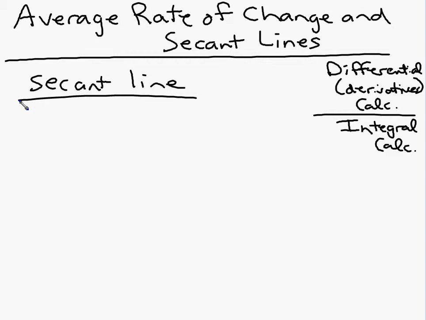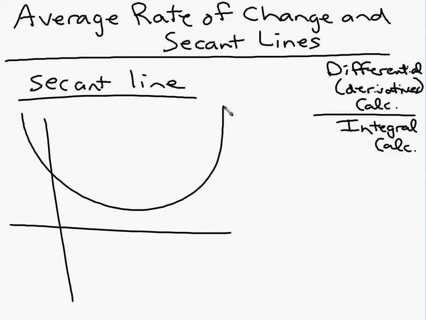If I talk about a secant line for a certain function, whatever that function may be, let's say that's my function, f of x. Well, if you remember, and you may or may not, a secant line is a line drawn through 2 points on a curve.